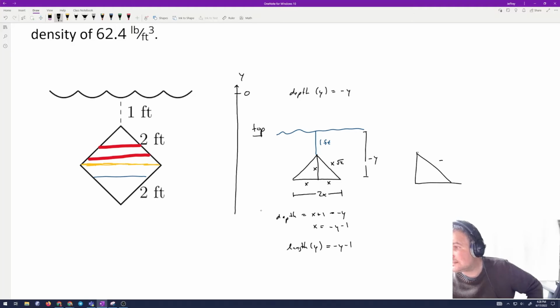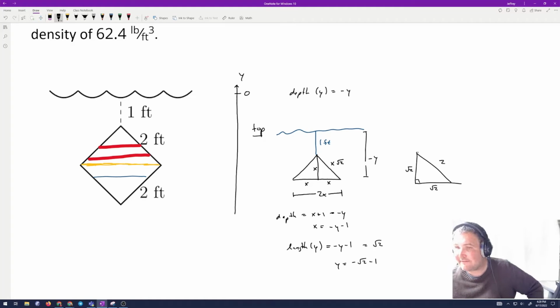And we know if this is 2 feet, then this must be square root of 2, and this must be square root of 2. So we're going all the way until x is equal to the square root of 2. If this is equal to the square root of 2, that happens when y is equal to negative square root of 2 minus 1.